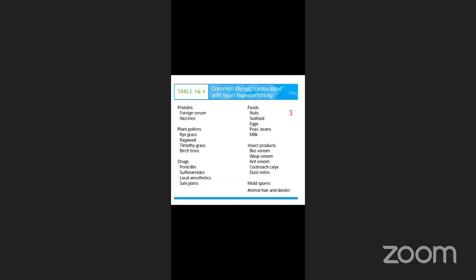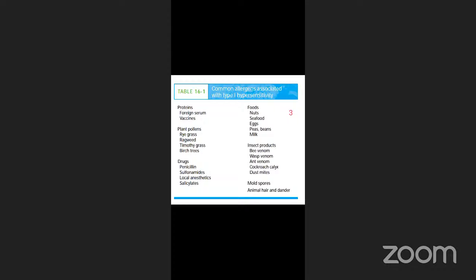For example, a few proteins and foreign serum also induce hypersensitivity reactions. Some vaccines and some plant pollen grains also cause allergic reactions, such as ryegrass, ragweed, timothy grass, and beech tree. Some drugs also induce hypersensitivity reaction one and cause allergic reactions.